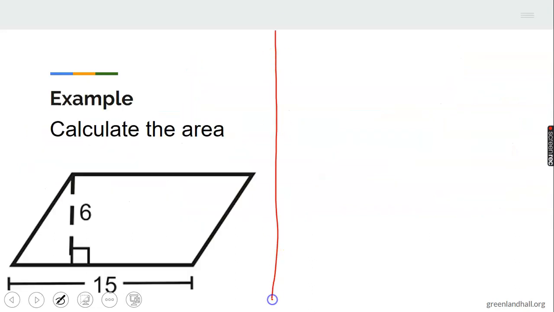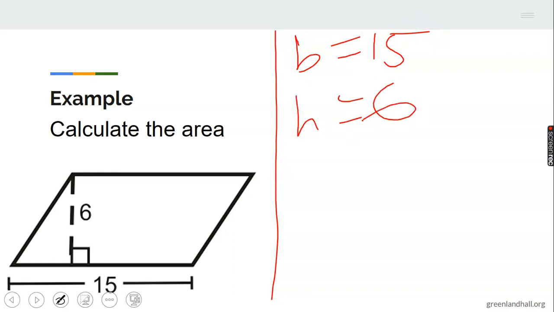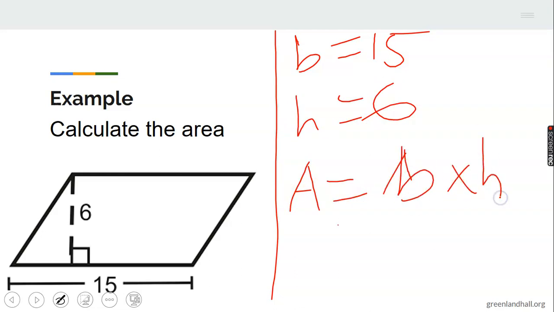Now, look at it, calculate the area of this shape. Our base equals 15, while the height equals 6. Now, area equals base times height, which equals 15 times 6. 6 times 5, 30.